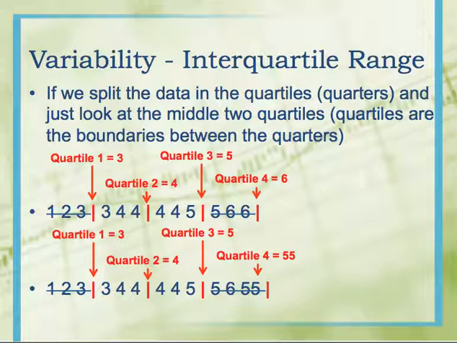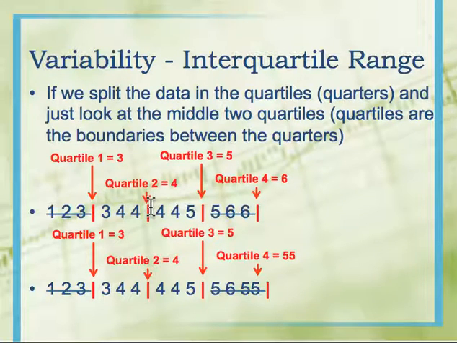So if we split the data into quartiles, what I'm doing there is really splitting it into quarters. So I'm going to take the top 25%, the second 25%, third 25%, and the fourth 25%. And I'm going to kind of cut my data accordingly. Now the boundary between those quarters, or those fourths of the data set, represent my quartiles. So when I look at my first quartile, it is that boundary between the first 25% and the second 25%.